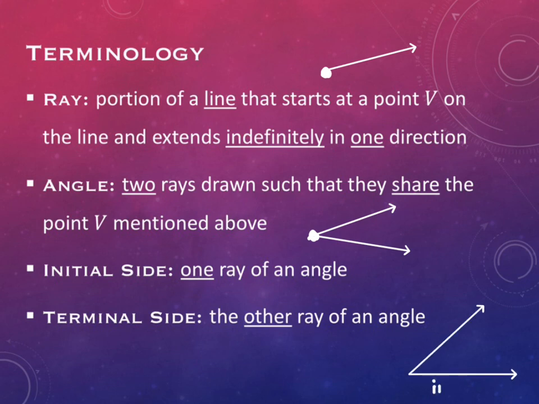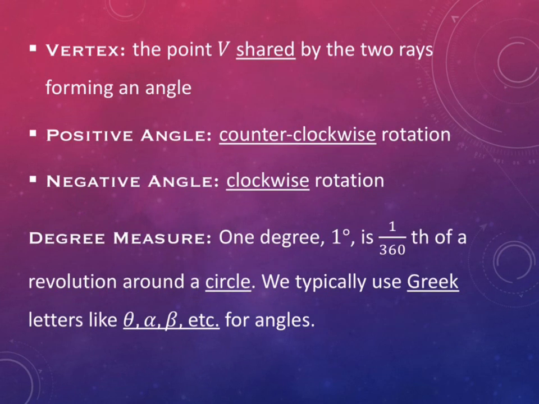So this is generally the initial, usually pointing to the right-hand side, and this one's the terminal. This point that they share, this corner point, is called a vertex. So the vertex is that point that's shared by the two rays.